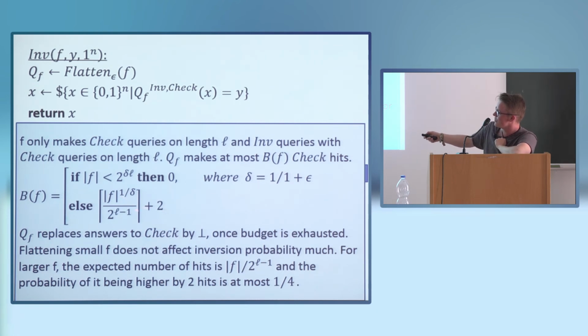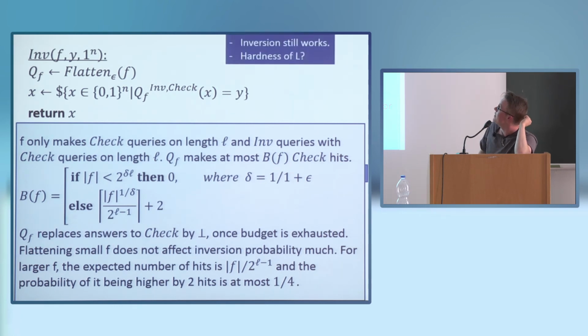But just adding 2 hits is sufficient because the expected number of hits is size of f divided by 2 to the L minus 1, and the probability of there being 2 more hits is at most 1/4, and this would suffice for our inversion probability of our one-way function. Okay, so inversion still works.